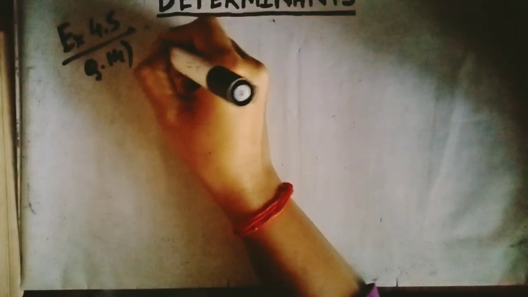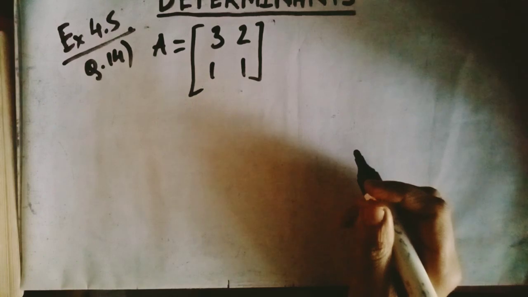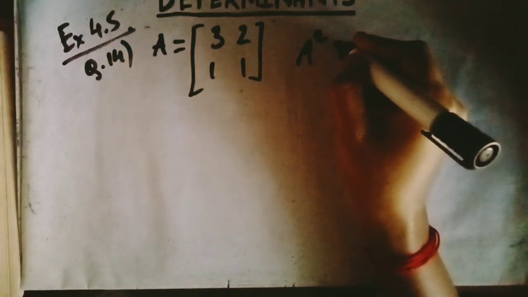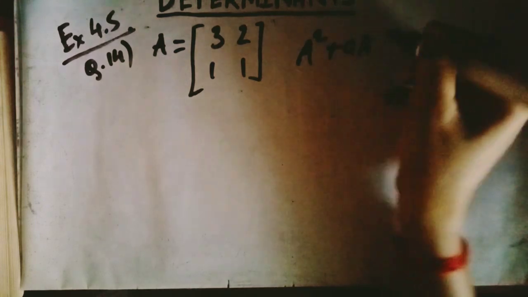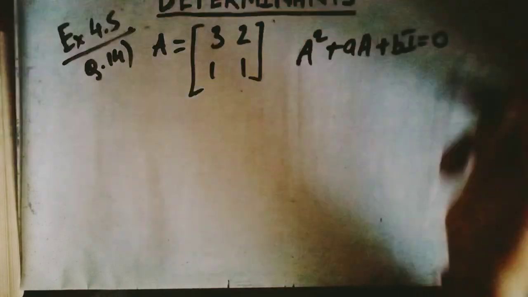Let's solve question 14. Here they have given matrix A. You have to find numbers a and b such that A square plus aA plus bI equal to the 0 matrix.